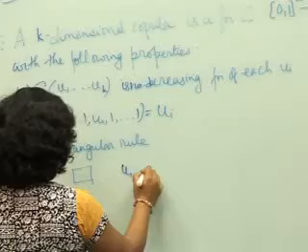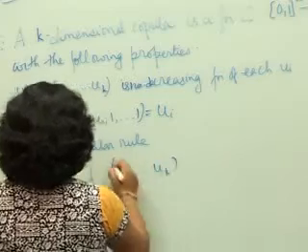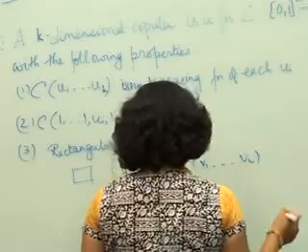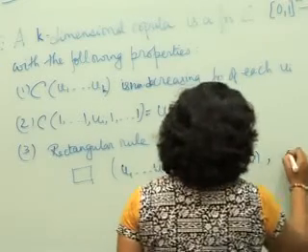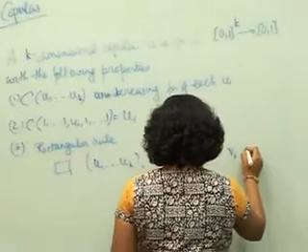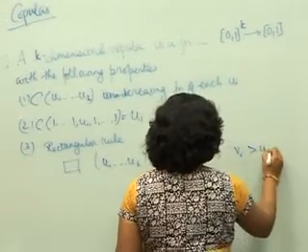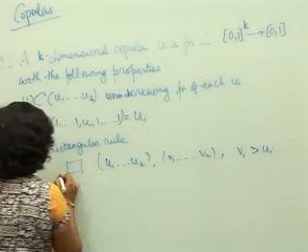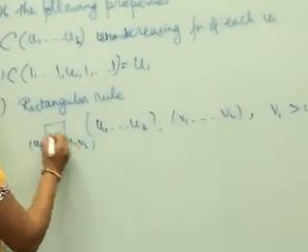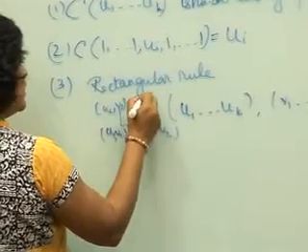So you have U1 to UK and V1 to VK, and each Vi is bigger than Ui.